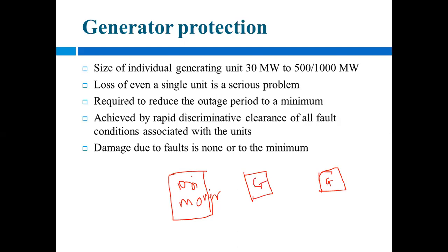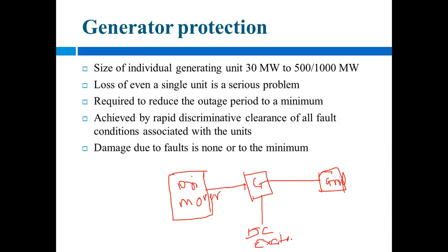The prime mover supply is given to this generating unit, and it is connected to the grid. DC excitation is also given for the generator.